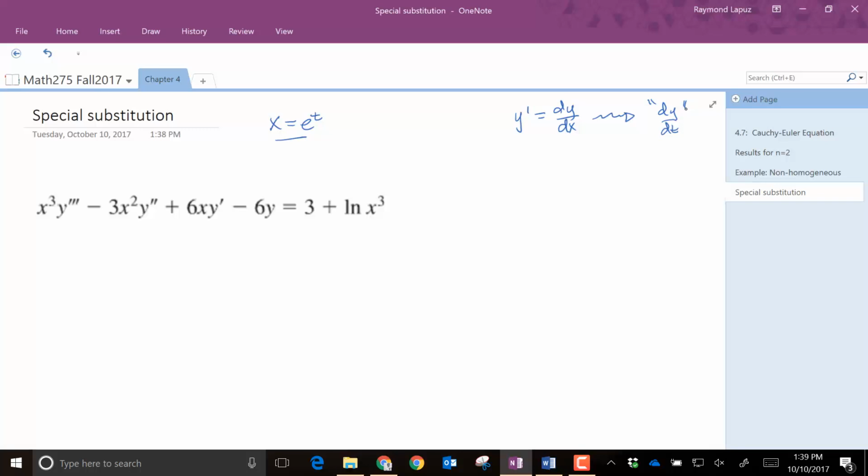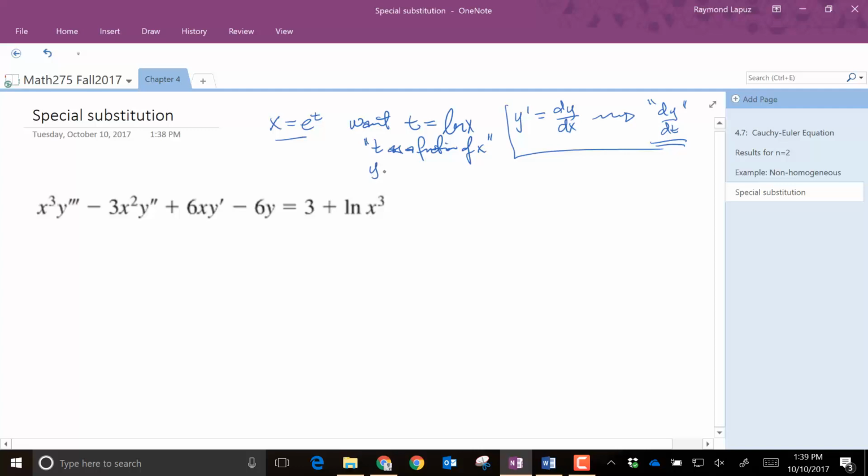So what we're going to assume is that t is a function of x. So we're going to want t equals ln x. Wait, let me get this straight.